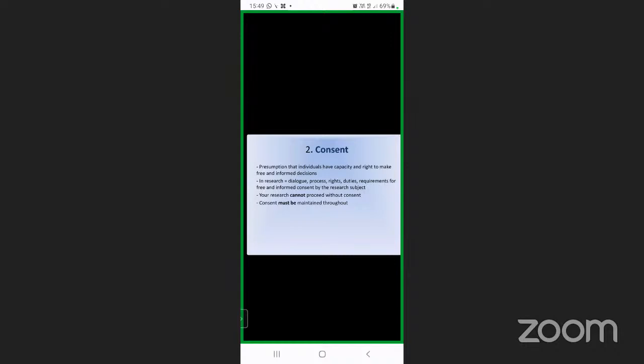Then rights, duties, requirement for free and informed consent by the research subject. Your research cannot proceed without consent, and consent must be maintained throughout. It should not be that we took consent for some primary work and we finish the whole study on that same consent.